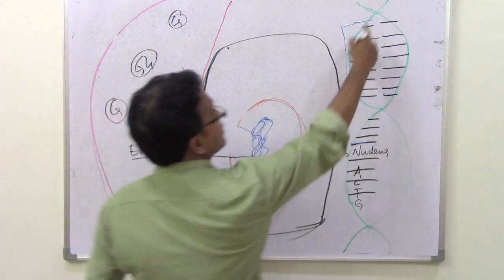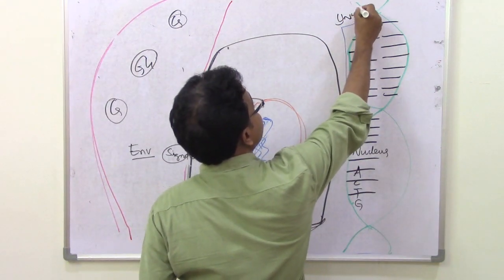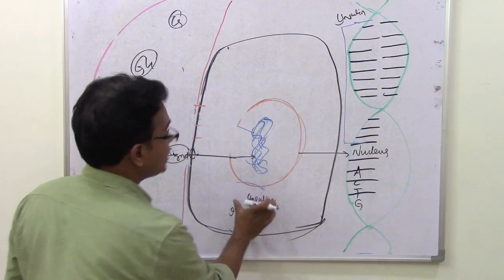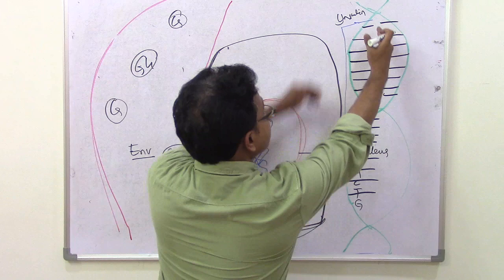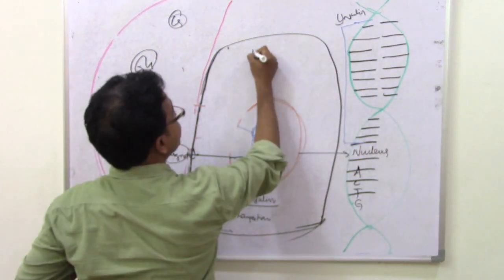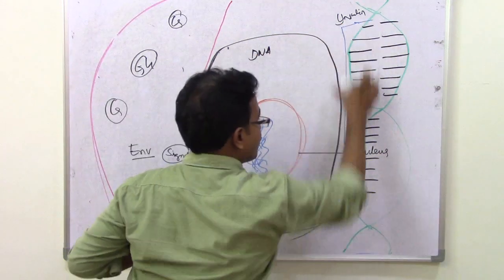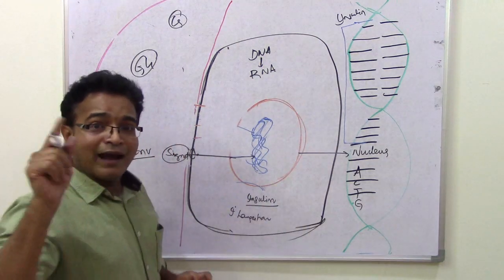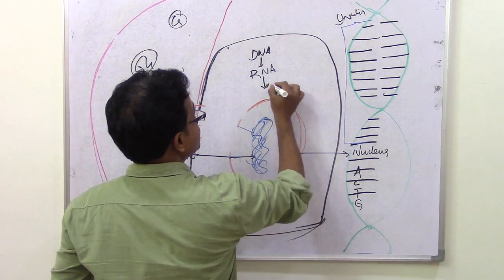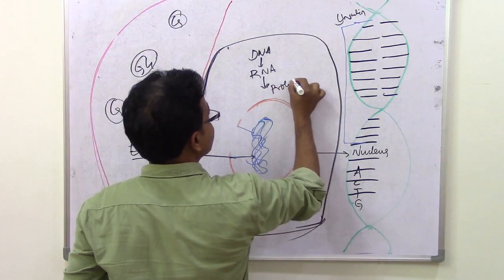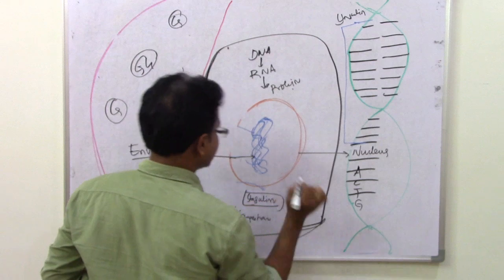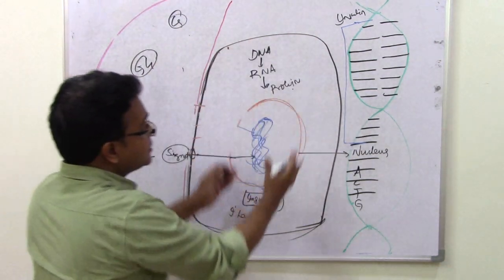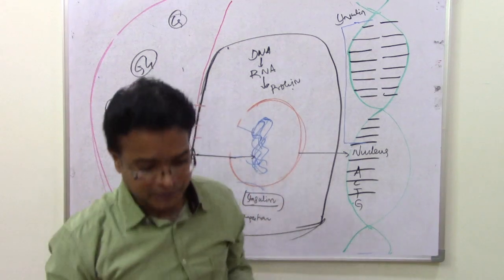Let's say this sequence is coding for production of insulin. So, with the help of this DNA, a copy called RNA is sent out, and this RNA is producing the protein. In this case, the protein is insulin. So basically this is the job of a gene.